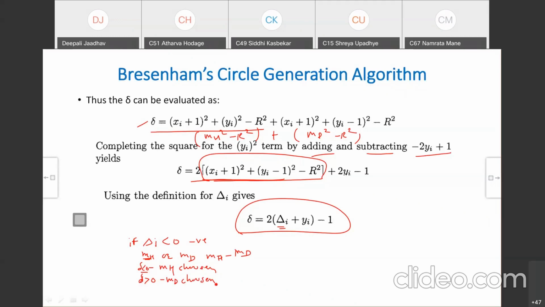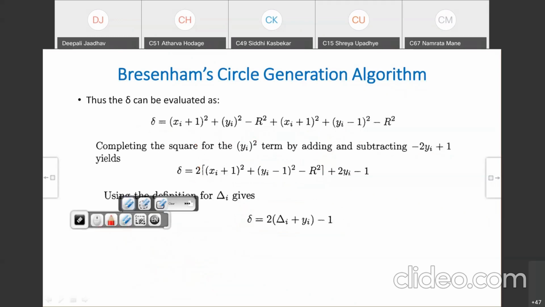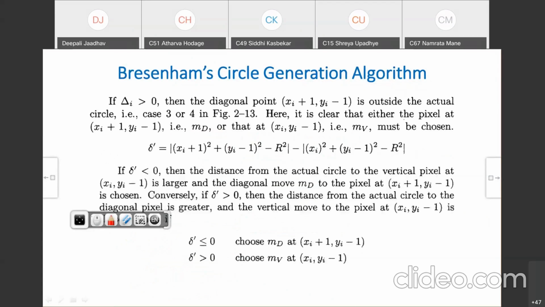Now the next one, if delta I is greater than 0. All these calculations were for when delta I is less than 0. So if delta I is greater than 0, I am going to draw here again. This is our xi, yi. This is MH, this is MD, this is MV.